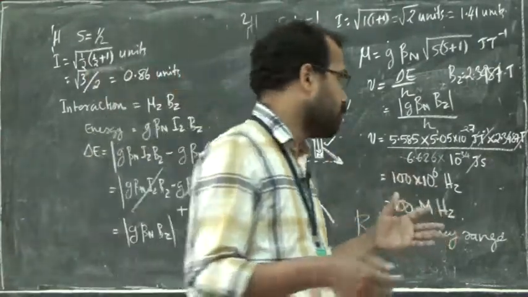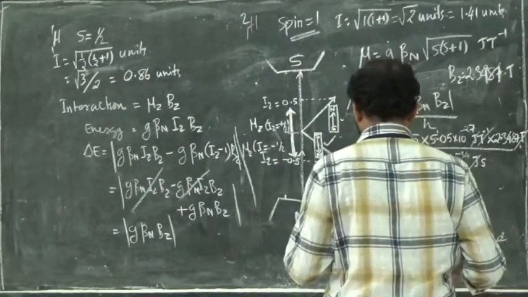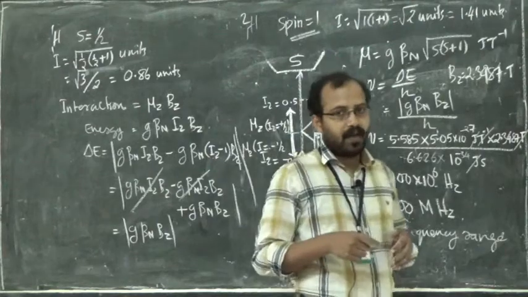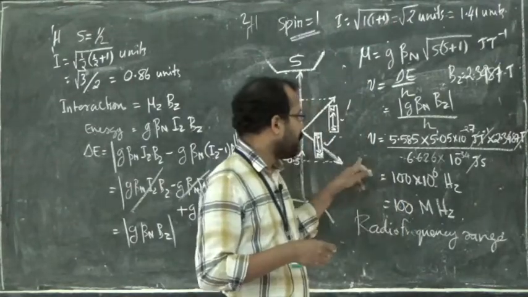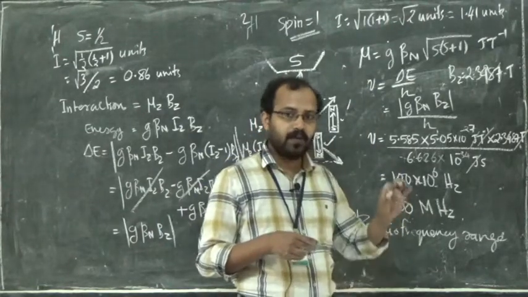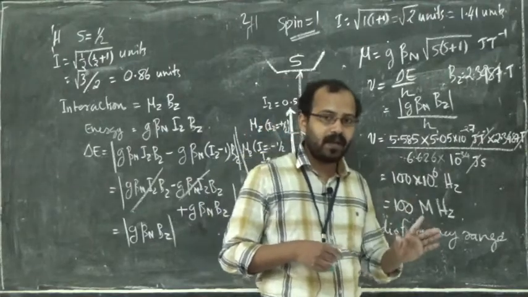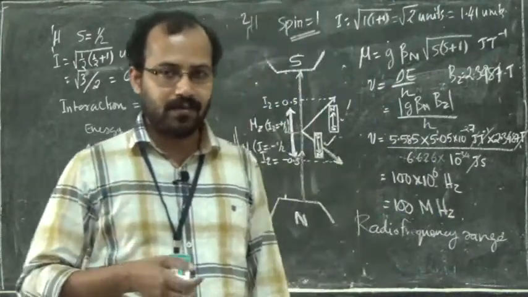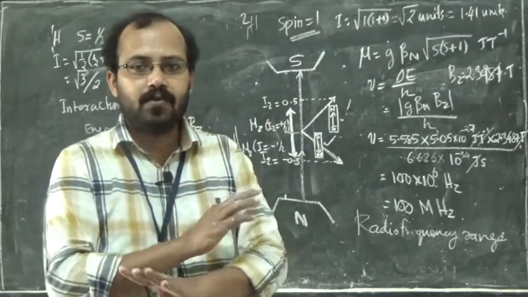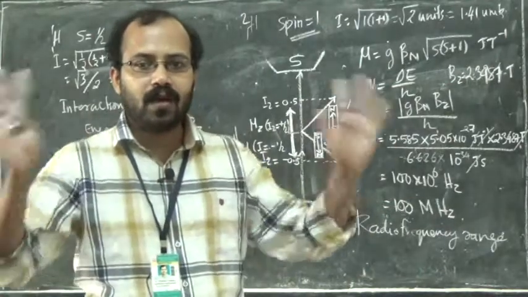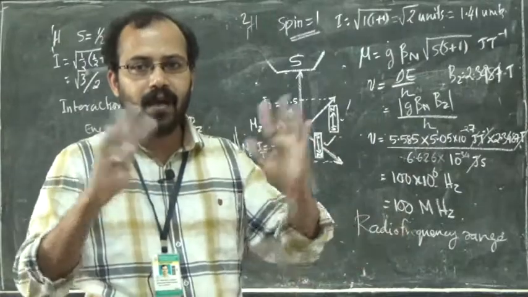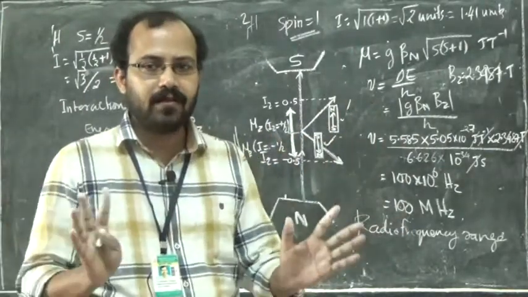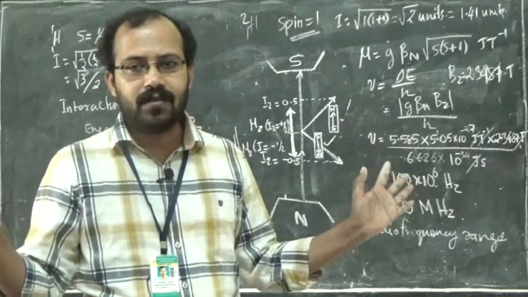Here, what you have to note is that I have calculated a frequency nu for the hydrogen nucleus. But you have to remember that I have calculated the frequency for a bare hydrogen nucleus, meaning a hydrogen without any electron cloud around it. Okay, a bare hydrogen nucleus, completely naked, with no electron density around it.